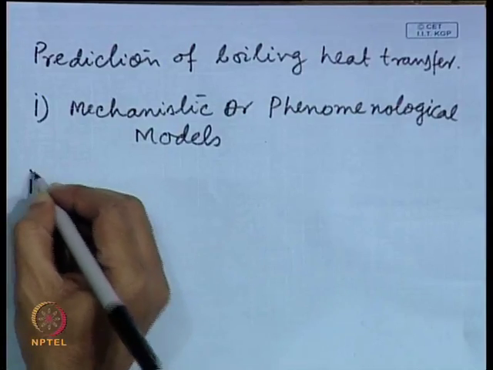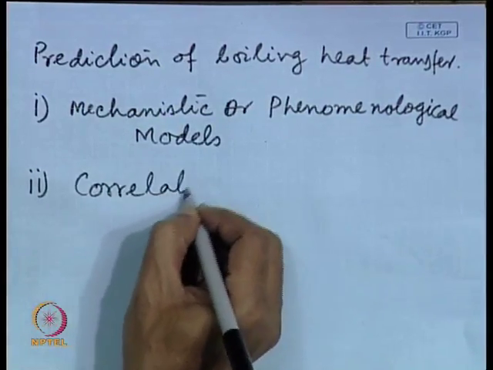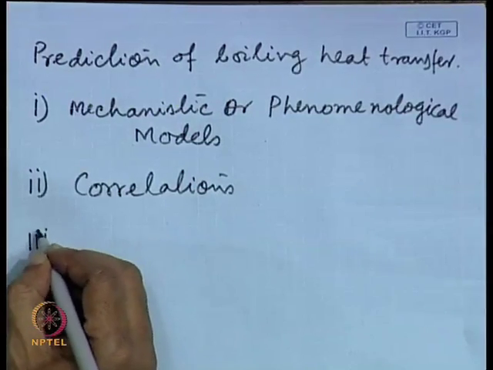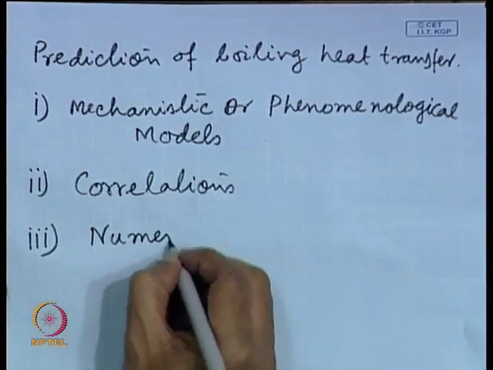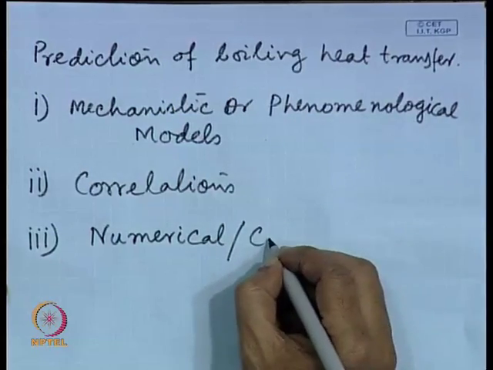The second approach is correlations. The third one, which is emerging very fast but still has a long way to go before it is regularly used for industrial design, is numerical or computational simulation.